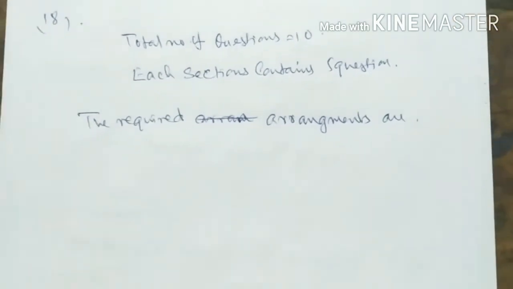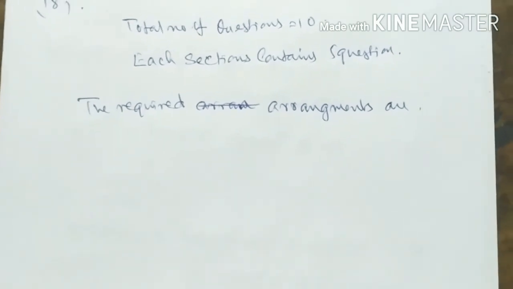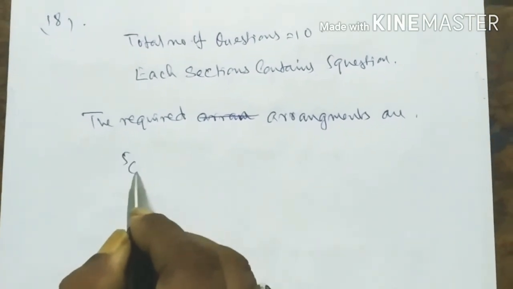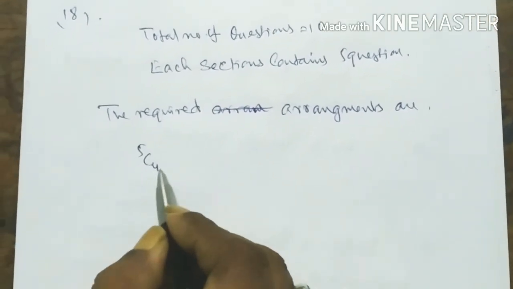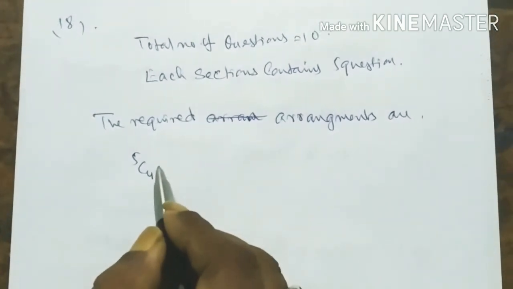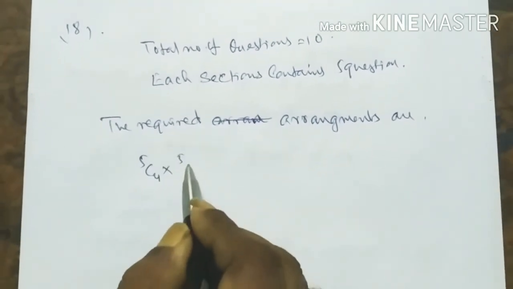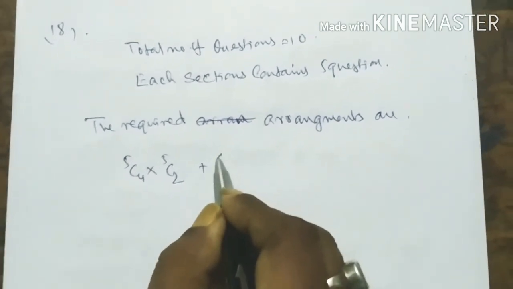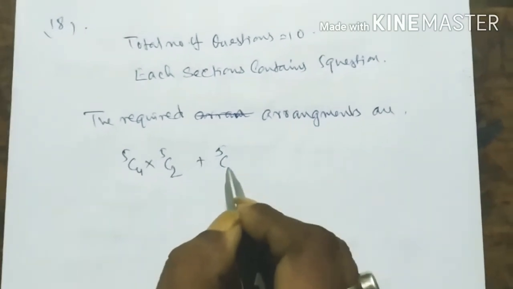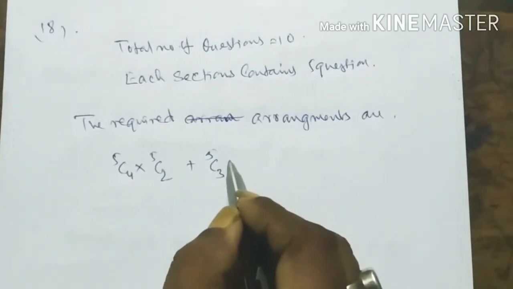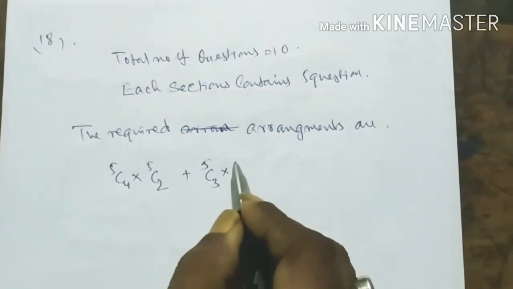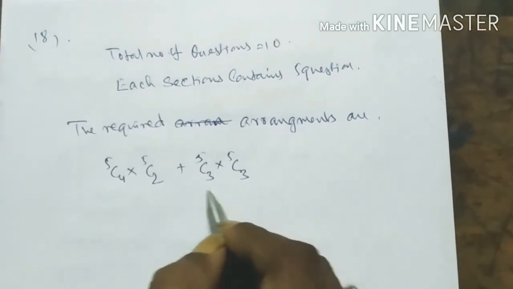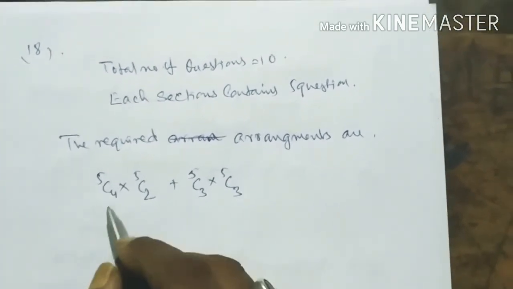Since it is not allowed to answer more than 4 questions from a section, if I take 4 questions from one section, then from the other section I can take only 2 questions. Again, if I take 3 questions from the first section, then I can take only 3 questions from the other section, because I can attempt only a total of 6 questions.